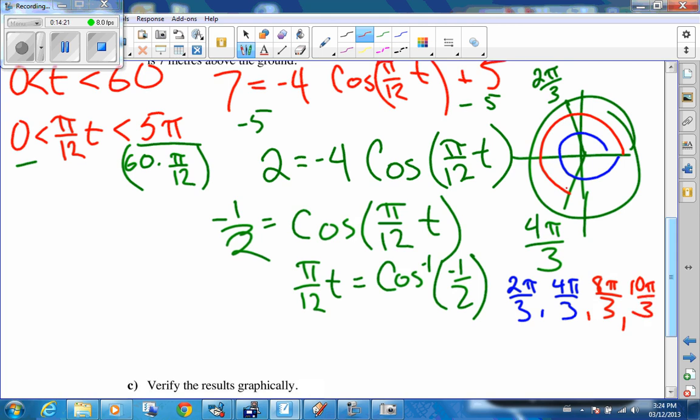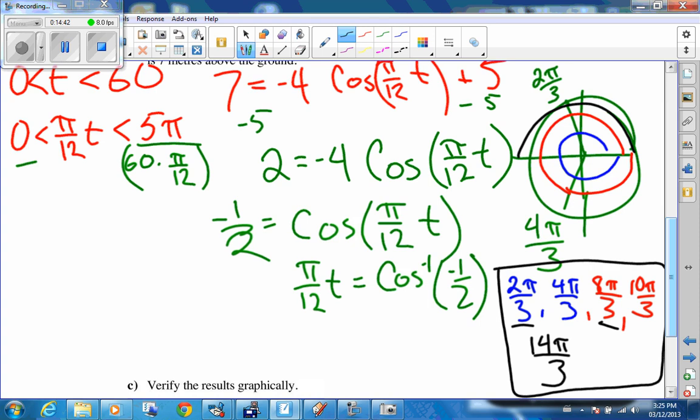And then one more time around to get to 5 pi. So plus another 6 more should give me 14 pi thirds. So there's all of my answers in radians.